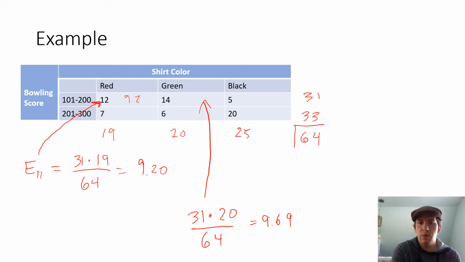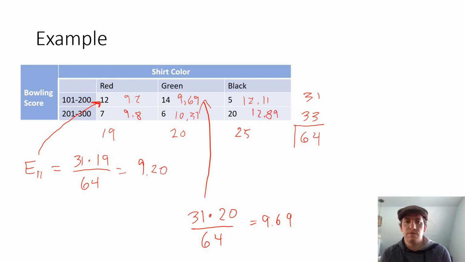I would expect 9.69 in the next spot. I would expect 12.11 in the next spot. I would expect 9.80 in the next spot. I would expect 10.31 in the next spot. And I would expect 12.89 in the next spot. So those are my expected values.